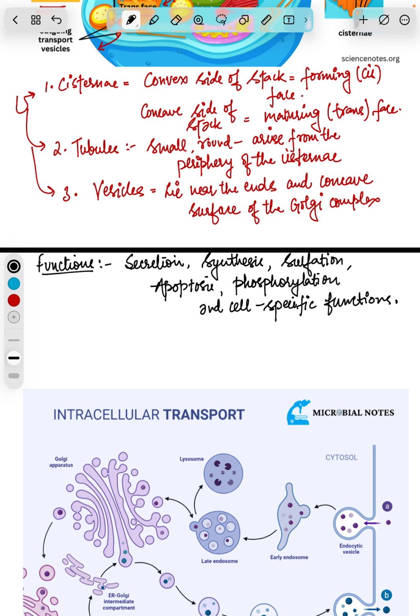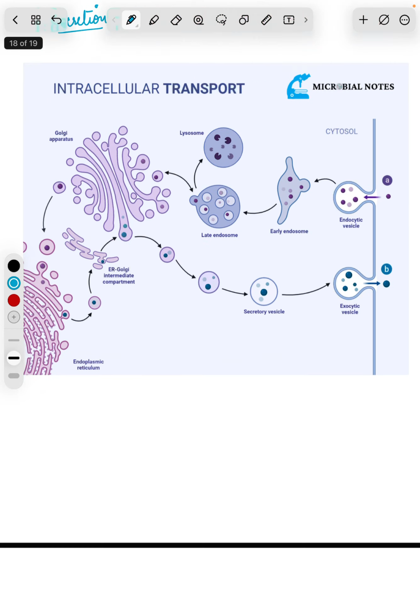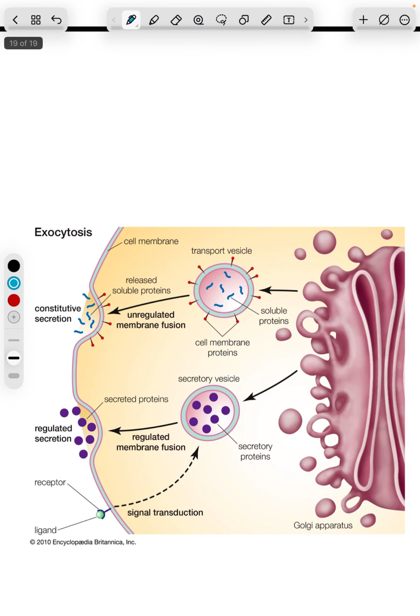Coming to the first function, that is secretion. Although the Golgi apparatus is involved in many different cell processes, its principal role in many cells is in secretion. In this diagram you can see two types of secretion: constitutive secretion and regulated secretion.